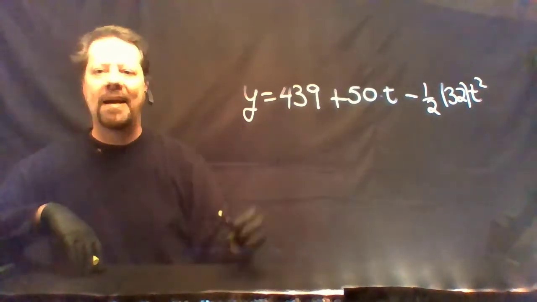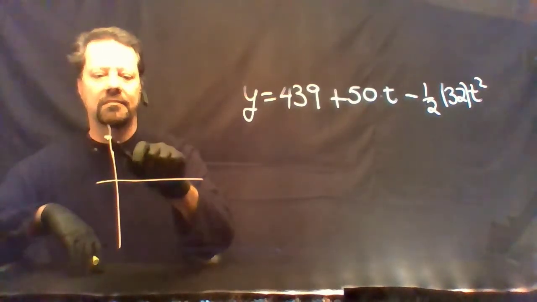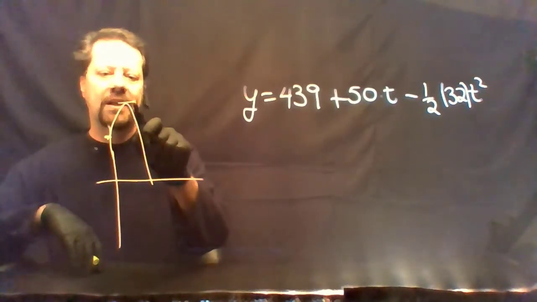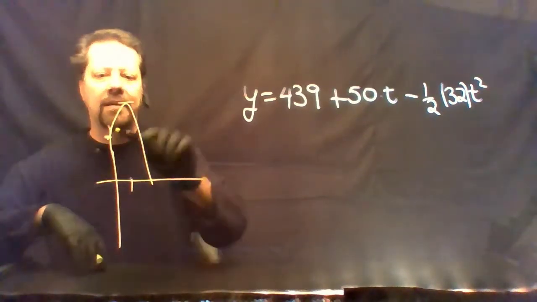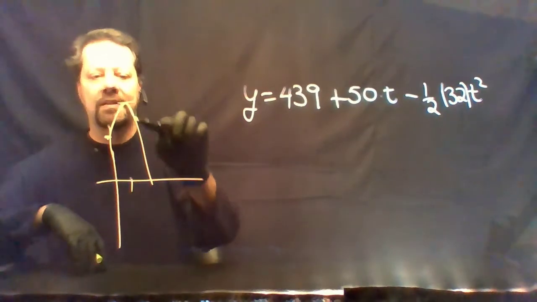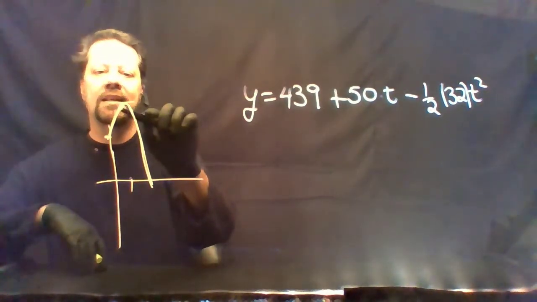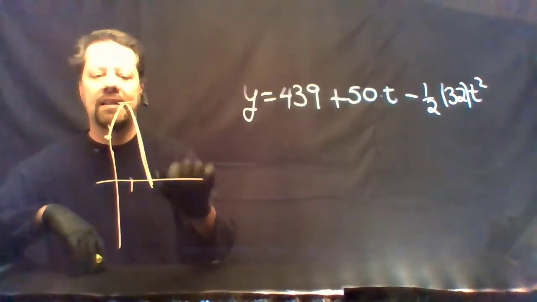This will reach its maximum height when the speed is 0. When this rock ceases to go up, that's when it will go down. It'll go slower and slower and slower until it gets to a speed of 0 and then go down.